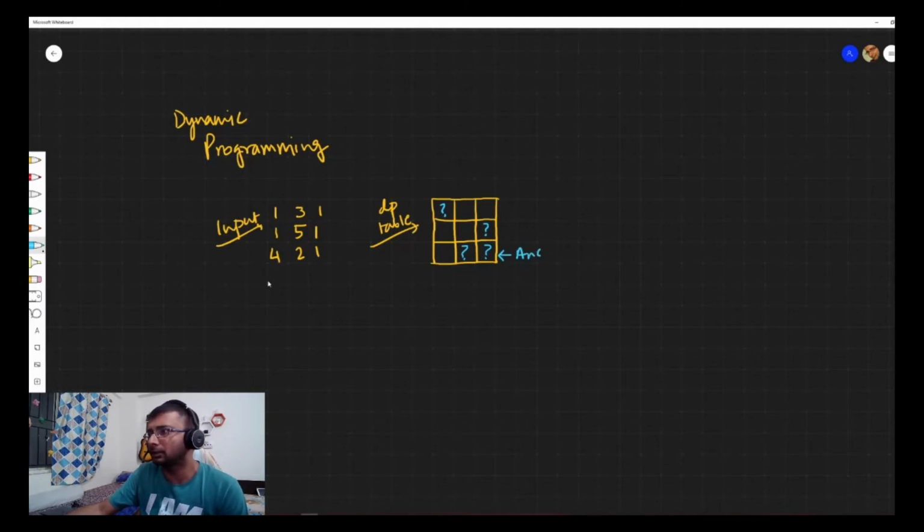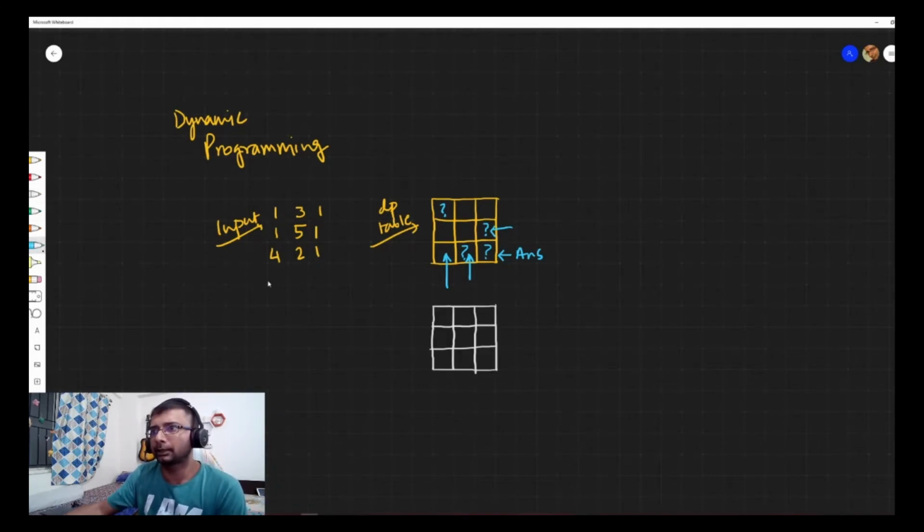So each cell will have its own answer. This cell will tell me what is the minimum cost of reaching this cell. All the cells over here will tell you what is the minimum cost of reaching that cell. So let us create the table once more, and let's fill it up.